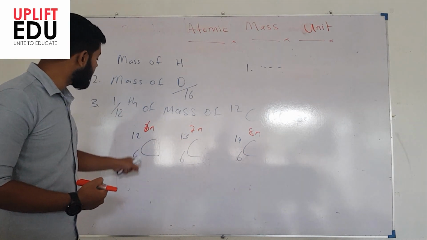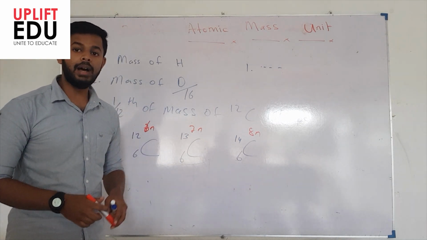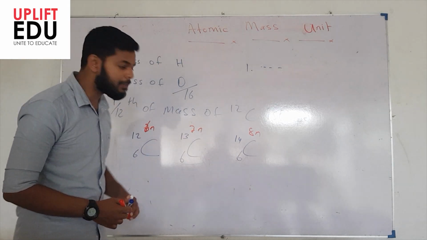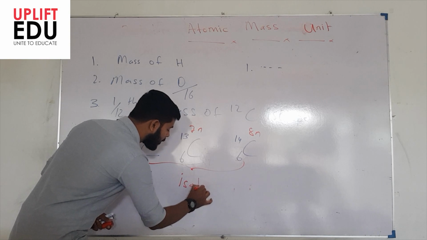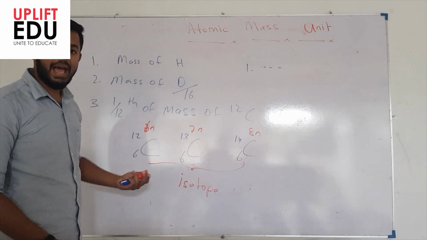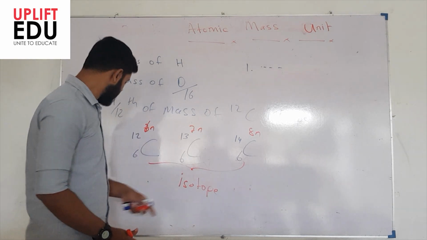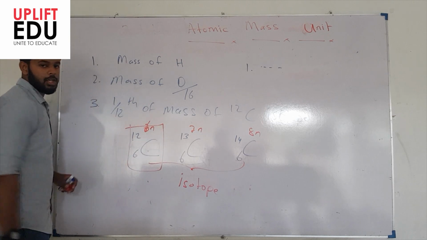So due to this, the mass can change depending on the number of neutrons. So the same chemical species with different mass, we give a special term called isotope, right? Here, what we are going to consider is the mass. So which isotope we consider really matters. The isotope we are going to consider is the 12 carbon isotope.